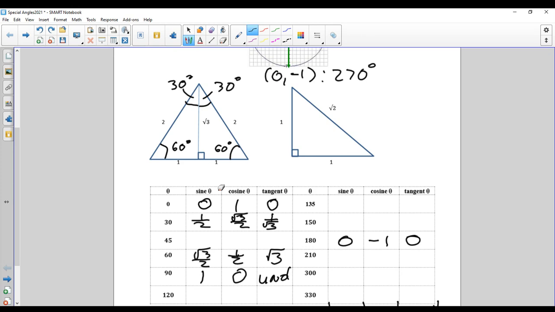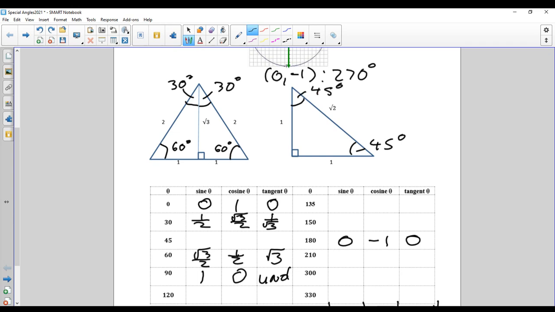So if that is the case, what would those two angles be? Yes, 45 degrees. Thank you very much. Let's put that in. And they're both 45 degrees, by the way.